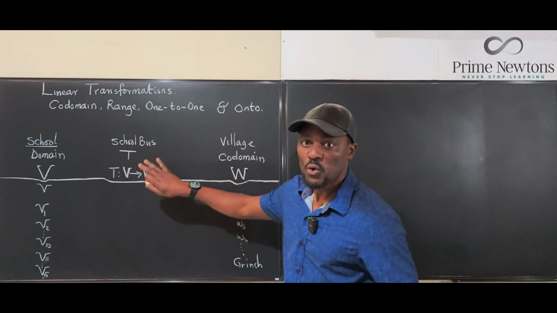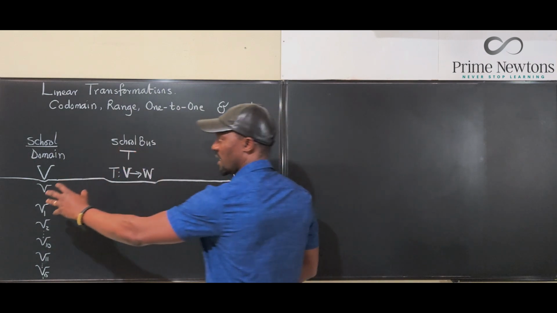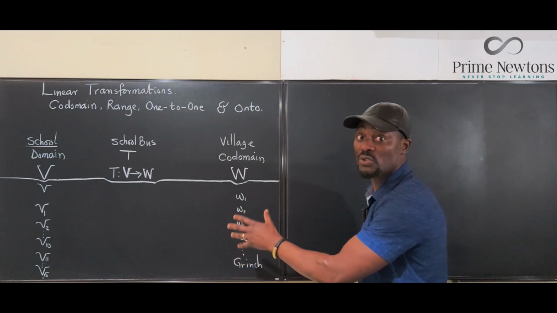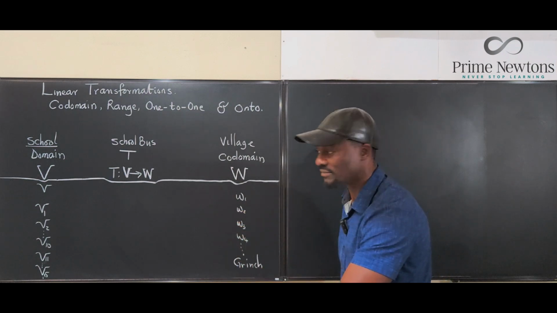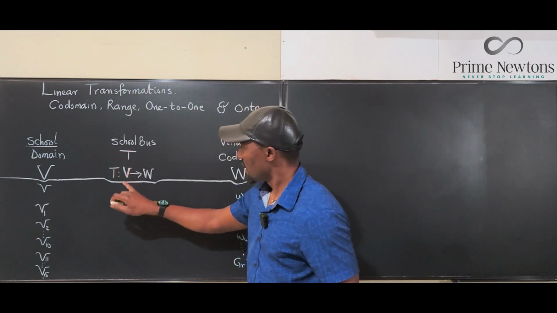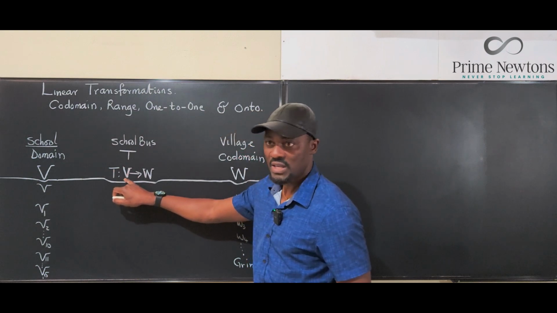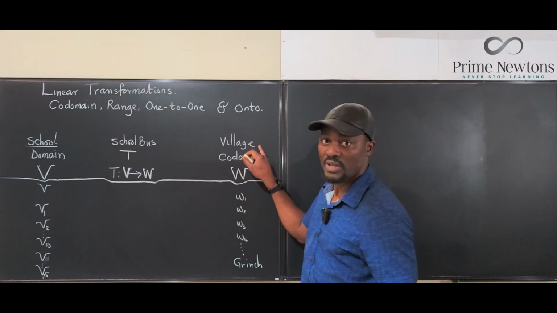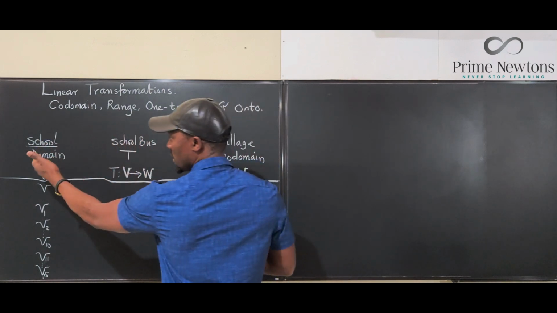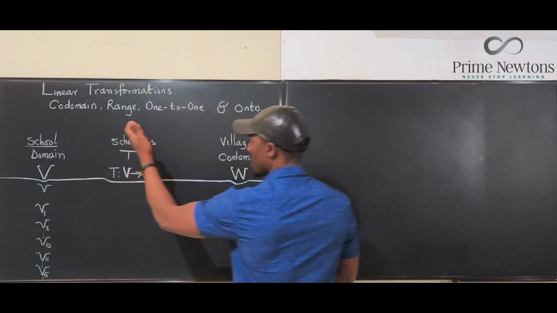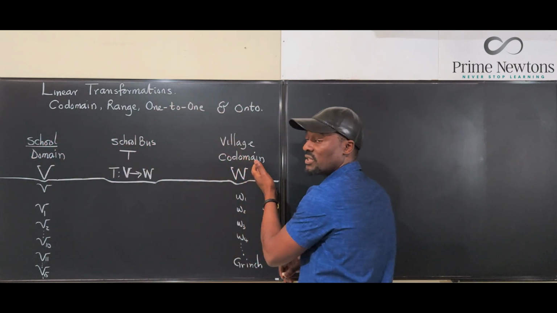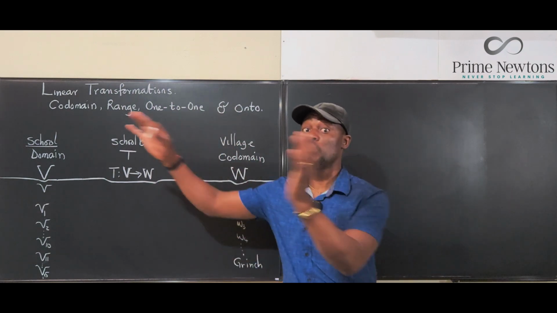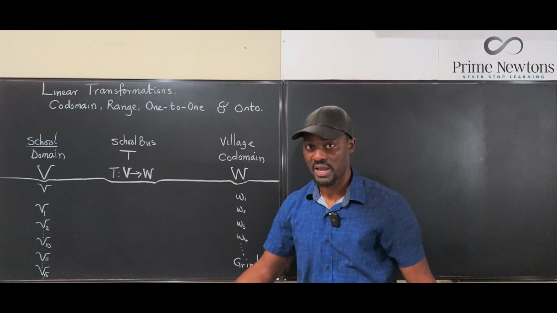Now, you have a school bus, which transports kids to their homes at the end of the day. So the school bus takes vectors from V, from the school, to W, which is the village. The school is the domain. The village is the codomain. Where all the kids go toward is the codomain.